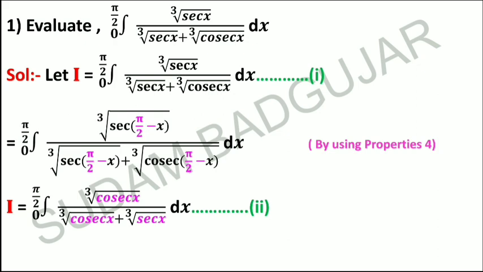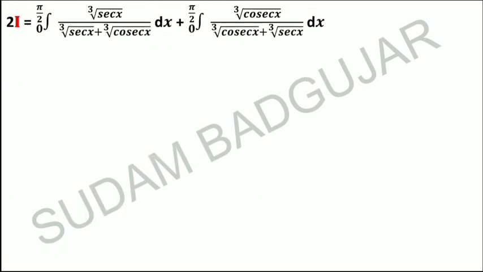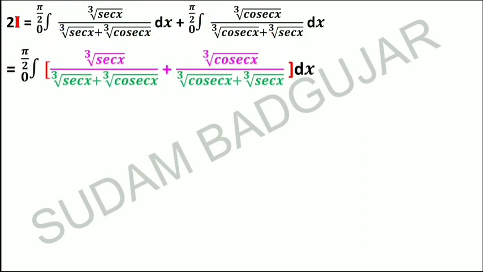Adding 1 and 2. LHS becomes I plus I, which is equal to integration of cube root of sec x upon cube root of sec x plus cube root of cosec x dx plus the same for the second, that is, 2I is equal to integration of f of x plus integration of g of x, which is nothing but integration of f of x plus g of x dx.